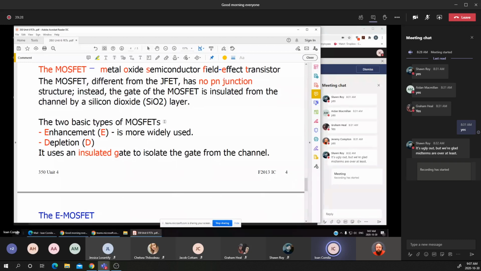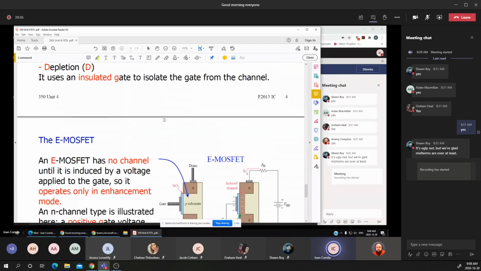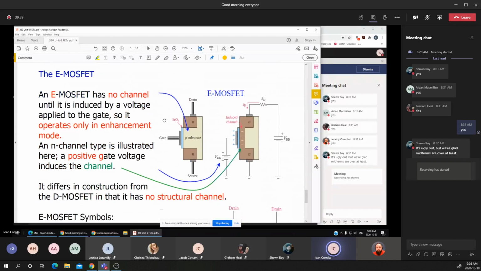For a MOSFET, there is no physical connection directly, or a physical contact between the gate and the substrate. You notice that there is a layer which will act as an insulator or a dielectric between the gate and the substrate.